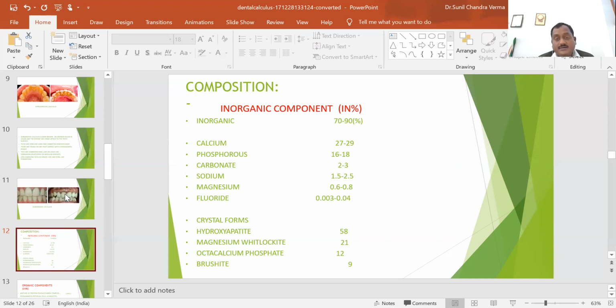In this inorganic content, the principal components are calcium 27 to 29%, phosphorus 16 to 18%, sodium 1.5 to 2.5%, magnesium 0.6 to 0.8%, fluoride 0.003 to 0.04%, and crystal forms of hydroxyapatite 58%, magnesium whitlockite 21%, octacalcium phosphate 12%, and brushite 9%.